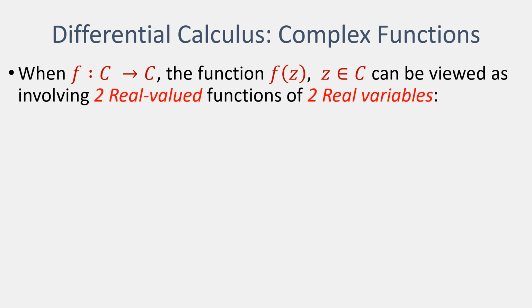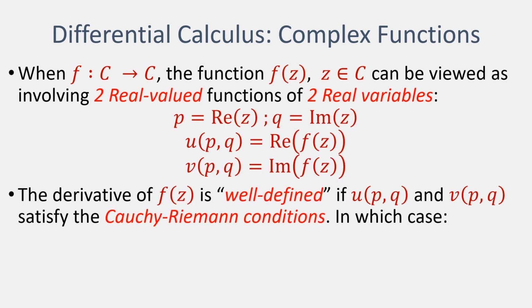Okay, so just to summarize, for complex valued functions, we can treat those as concerning two real valued functions, each of which is a function of two real variables. The derivative of that function is well defined if and only if, as it turns out, these two functions satisfy the Cauchy-Riemann conditions.